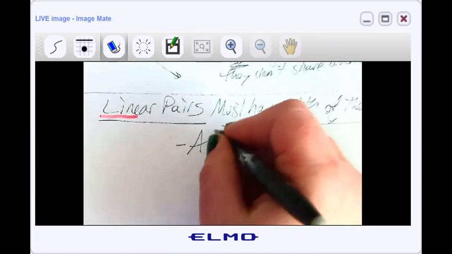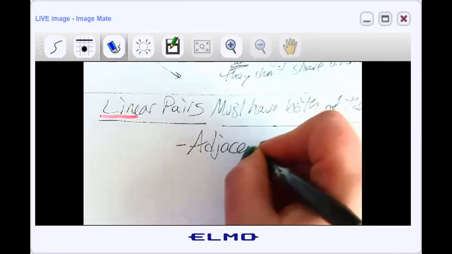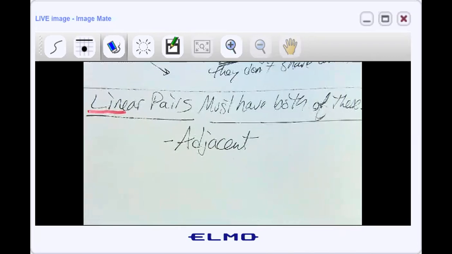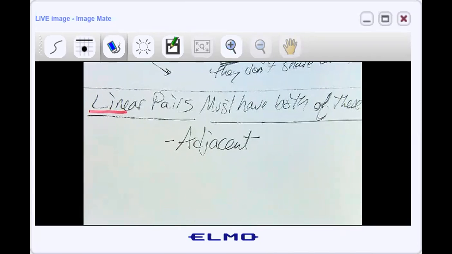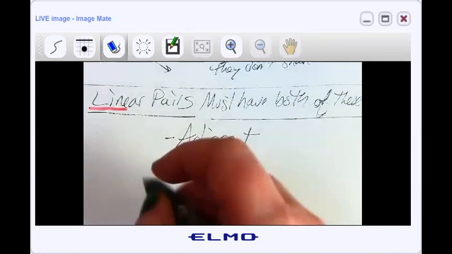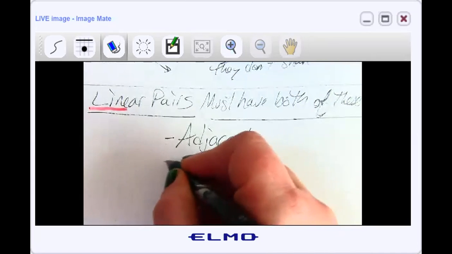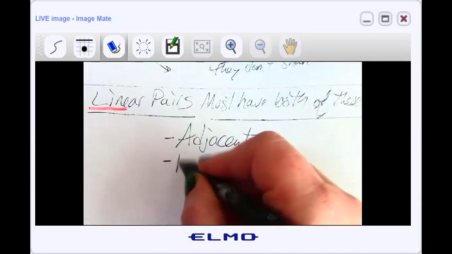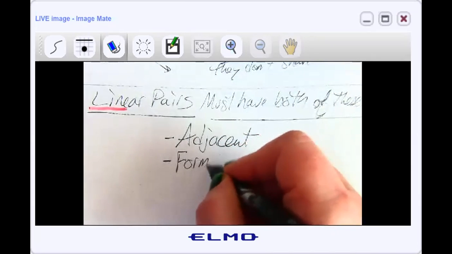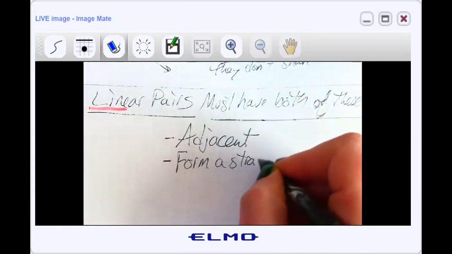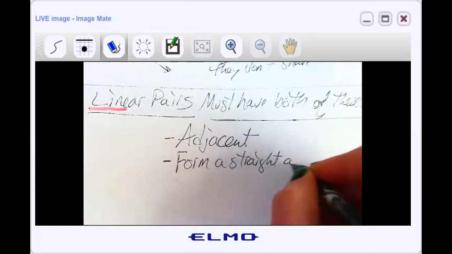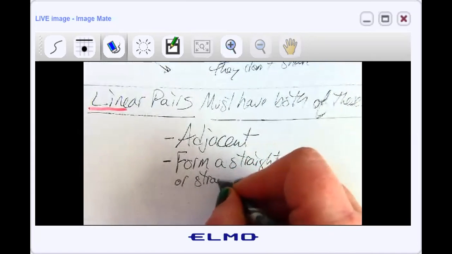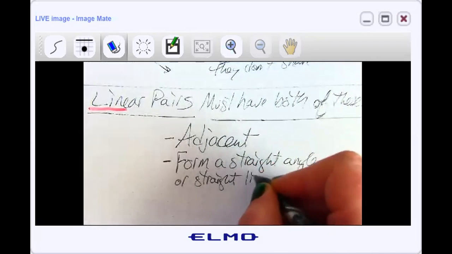They must be adjacent. So if they are not adjacent angles, they can't possibly be a linear pair. And then the second thing that I need is that they need to form a straight line or a straight angle together. We'll take a look at what that looks like.